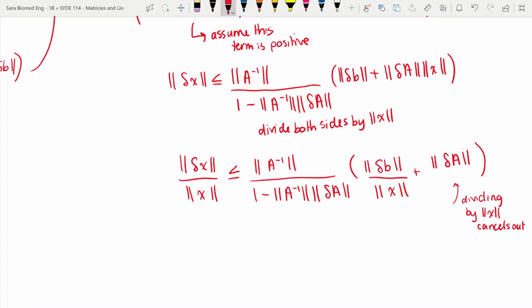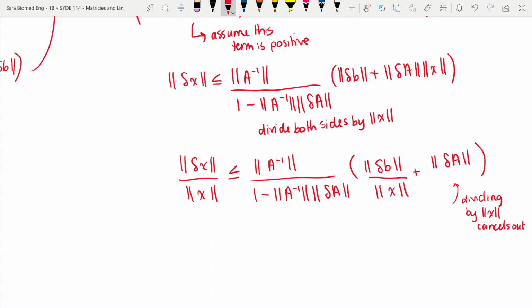So what we can do is divide this whole thing by norm A and multiply norm A back. Questions? So delta x divided by x is less than or equal to... we're going to divide by norm of A inside the bracket, and we'll multiply that outside the bracket.